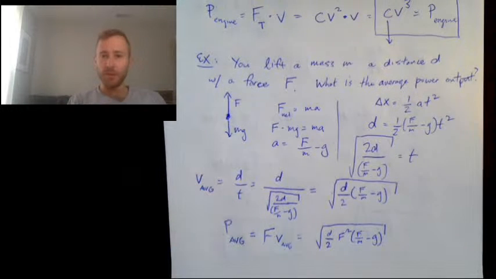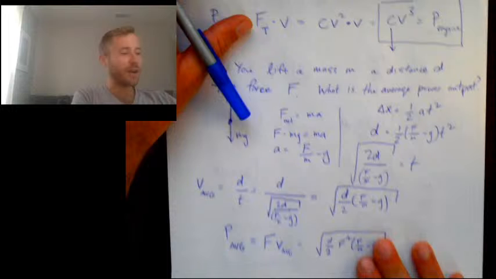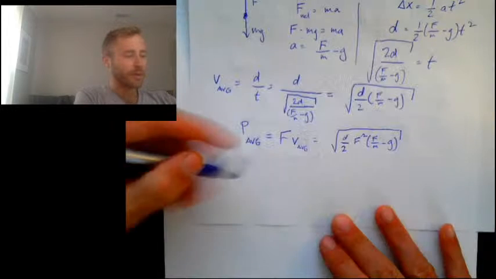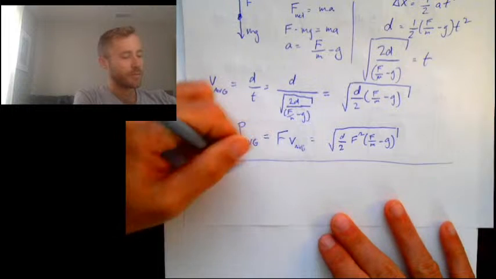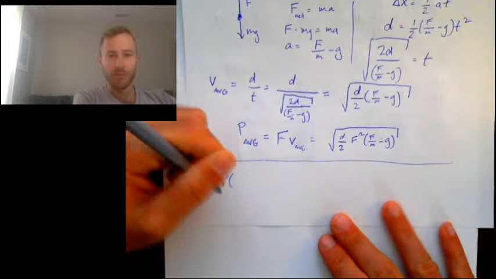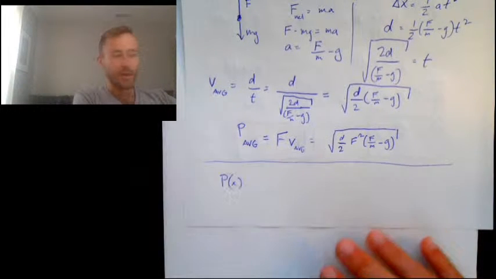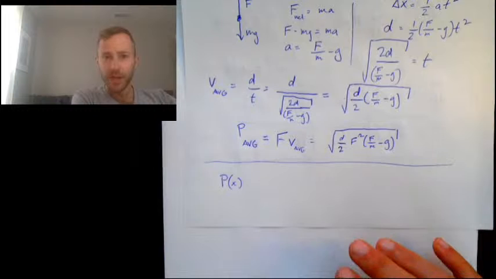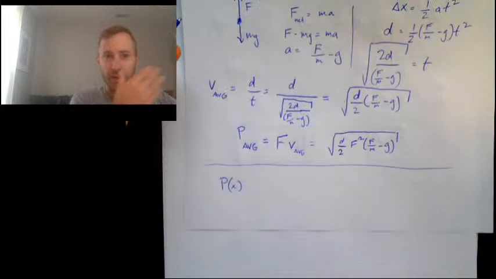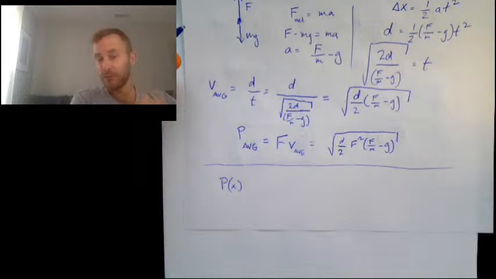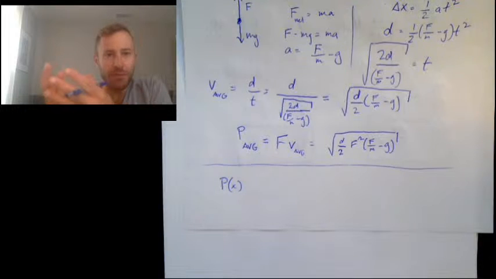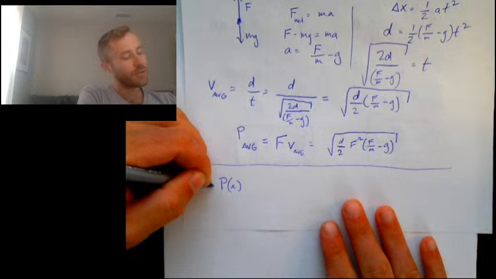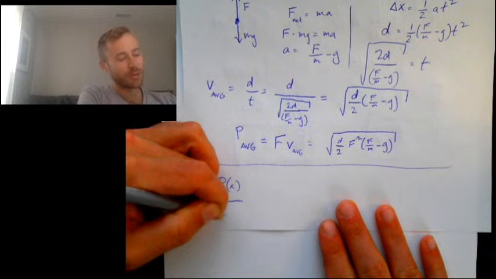And this is a common thing. So oftentimes the power is a function of some variable. Okay. And you want to find the maximum power, right? Because if you're talking about engines, you want the engine to output the maximum power possible. So you take the derivative of the power with respect to that variable.